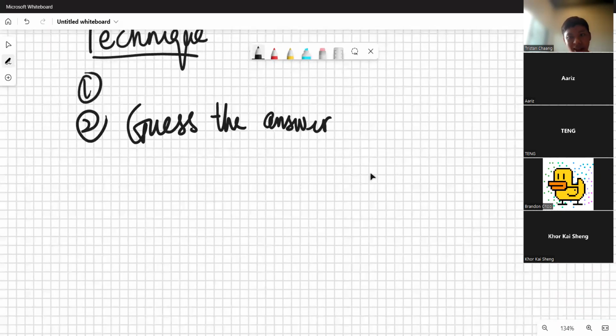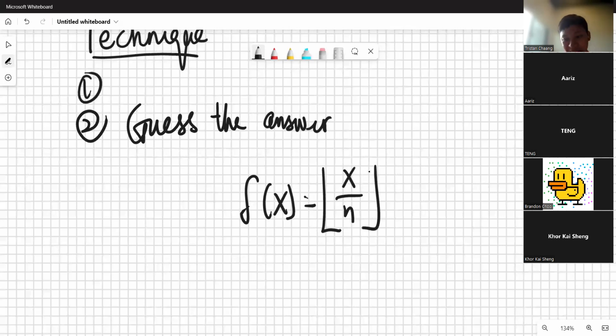The functional equation has some very obvious guessable solutions, but it also has a solution f(x) equals the floor function of x over n, where n is any positive integer. And if you didn't see this solution coming, you're going to be in quite some trouble. So of course, guessing the answer doesn't usually work.